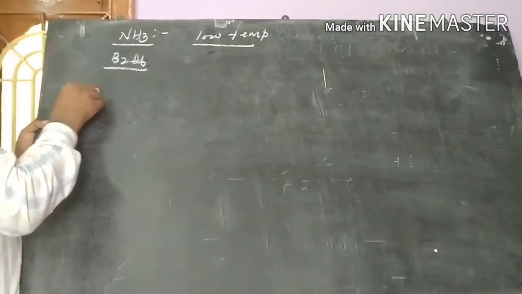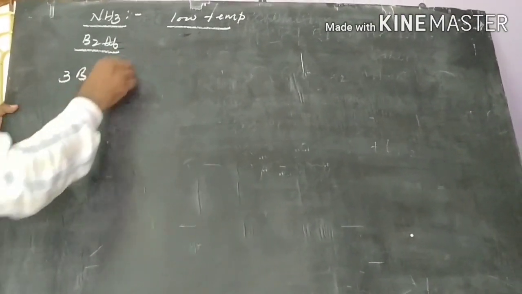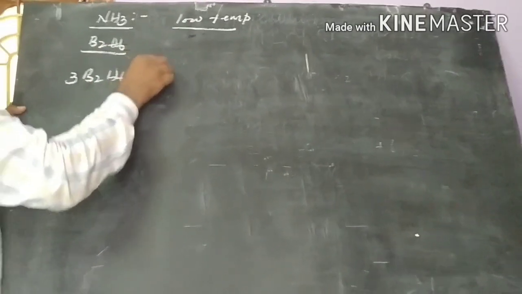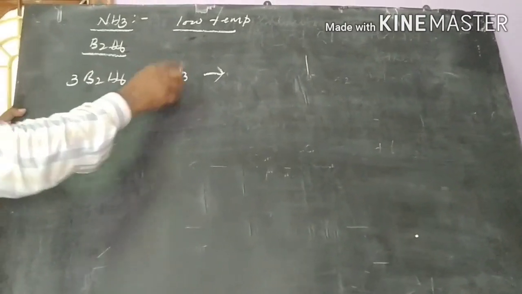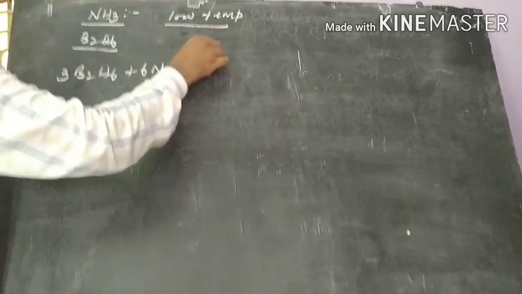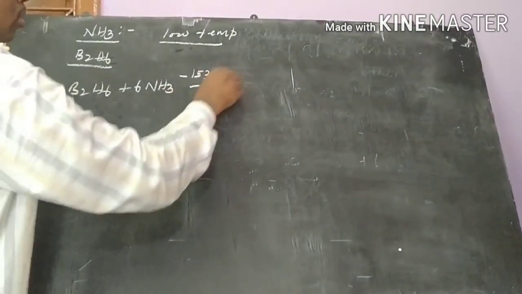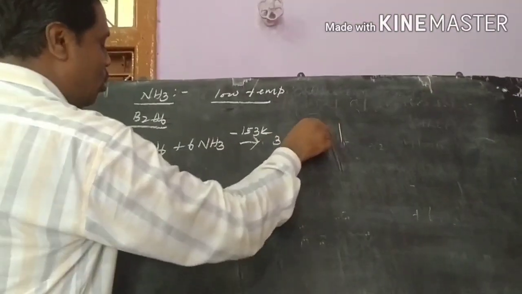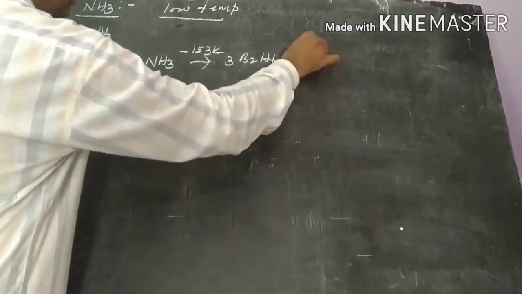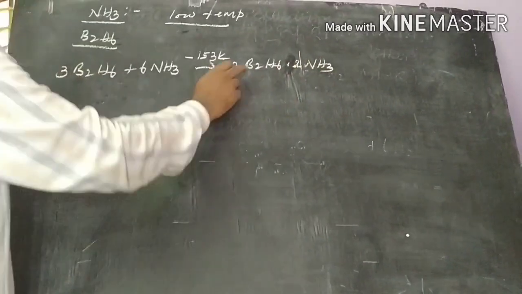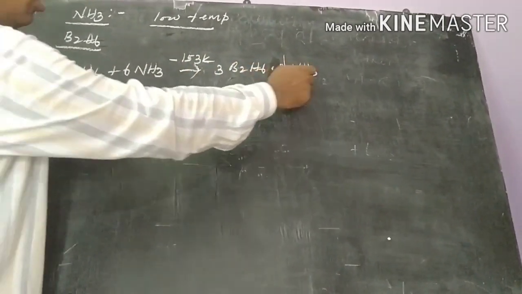The first one: 3 moles of B2H6, that is diborane, when reacted with the excess amount of ammonia, so 6 moles of ammonia at low temperature, minus 153 Kelvin, gives 3 moles of B2H6.2NH3.